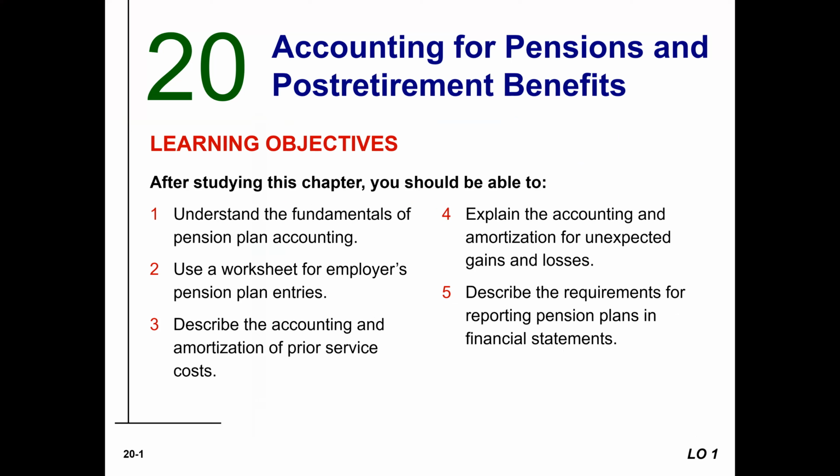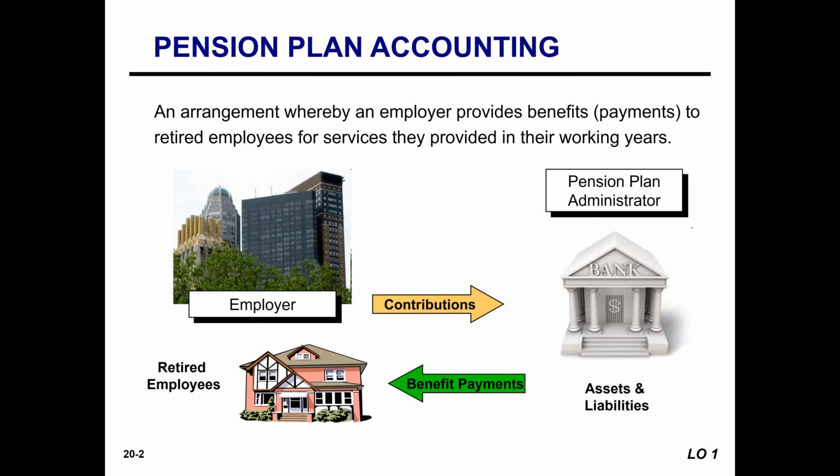And so some of the main learning objectives of this chapter: understand the fundamentals of pension plan accounting, use a worksheet for employers' pension plan entries, describe the accounting and amortization of prior service costs, explain the accounting and amortization for unexpected gains and losses, and then describe the requirements for reporting pension plans in the financial statements. And so pension plan accounting, when we think about pension plans, they've definitely changed over the years.